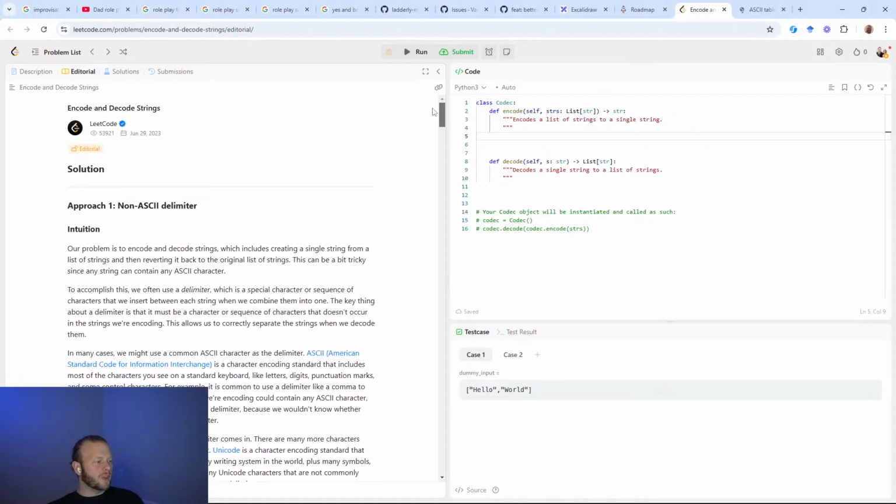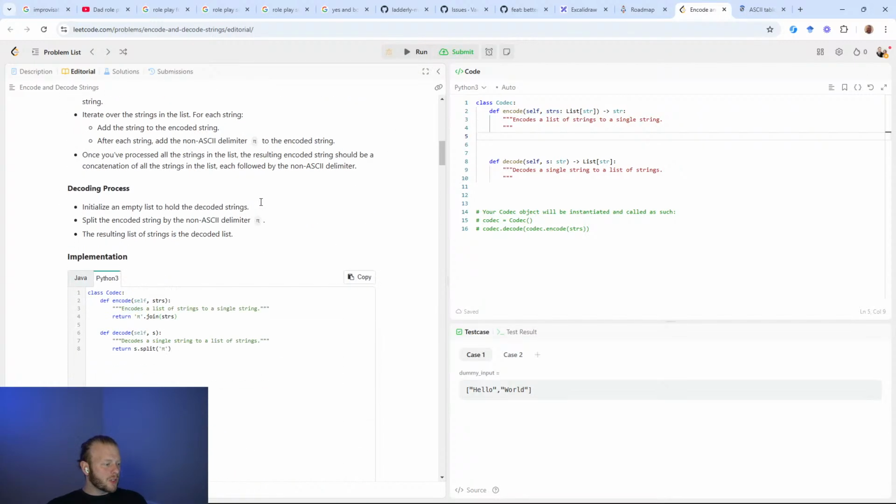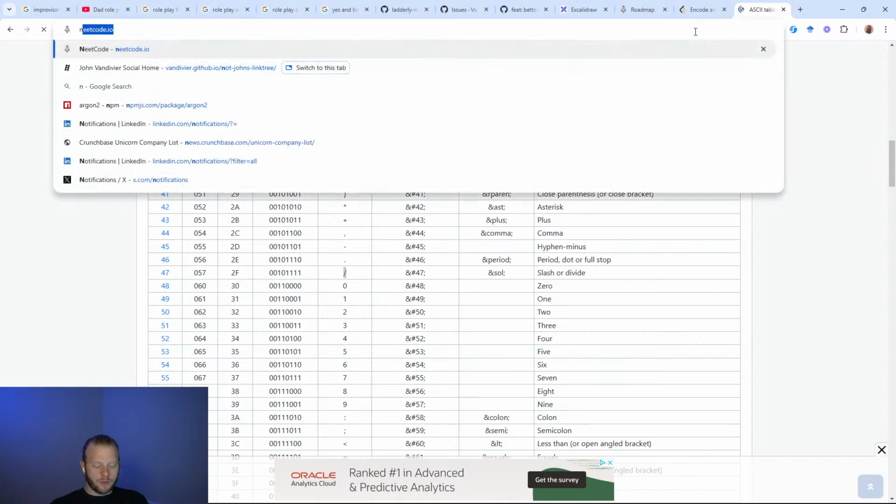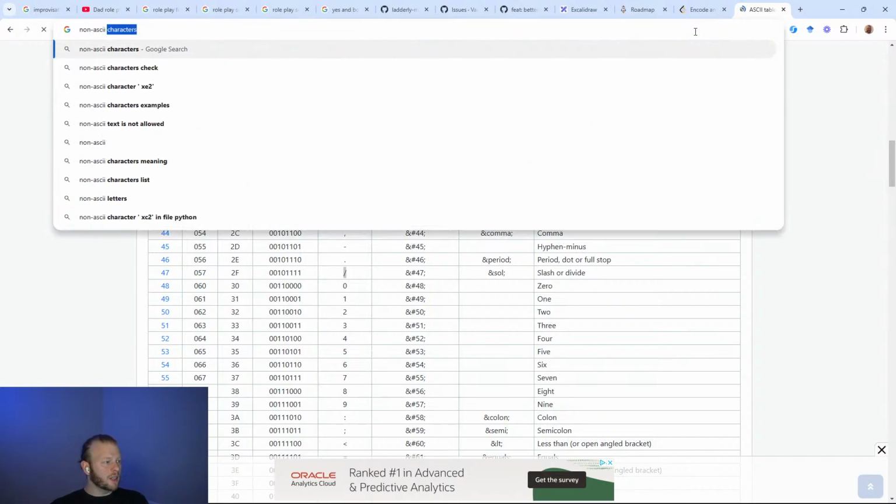So the core trick is just to use a non-ASCII delimiter. It's such a trivia problem. Yeah, so this is fine. The problem is like I couldn't tell you what a non-ASCII character is, but looking at the solution, I know. So non-ASCII characters.